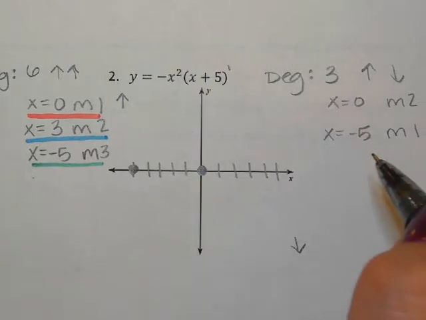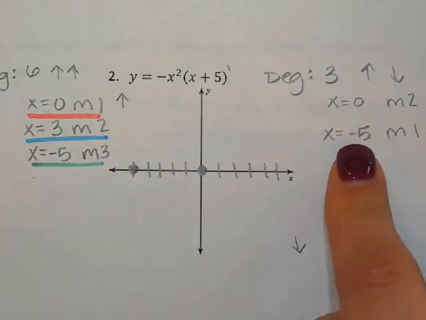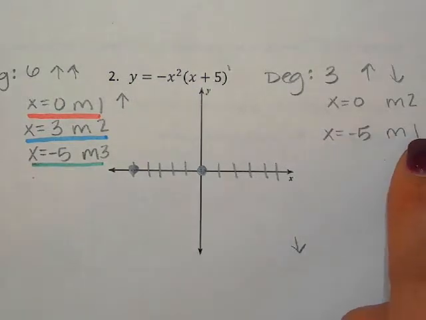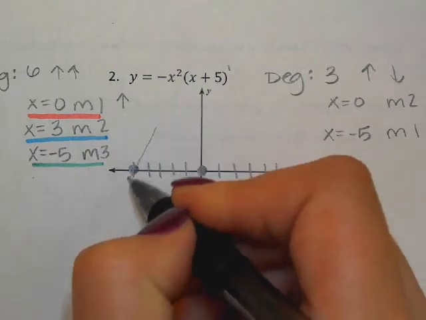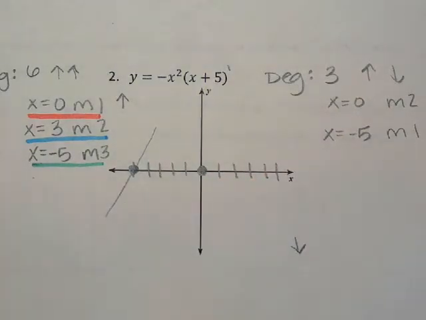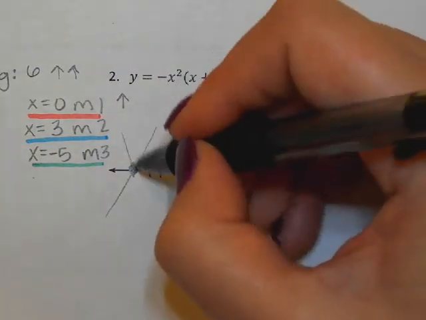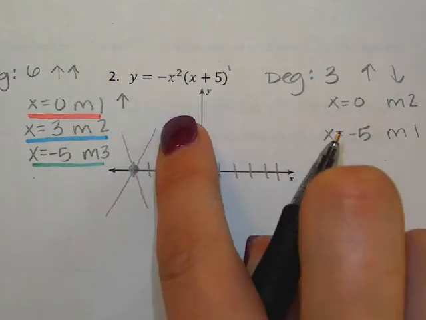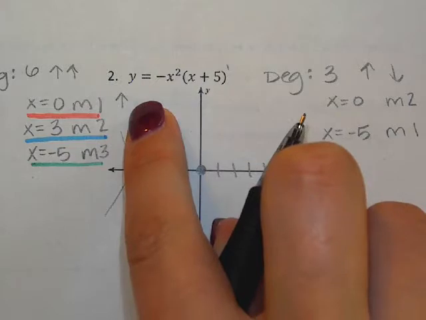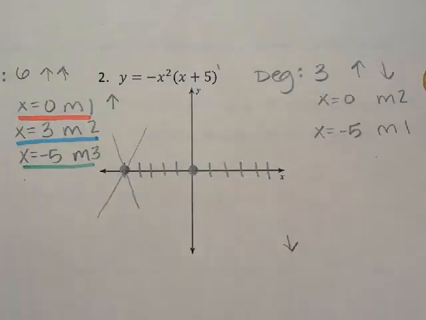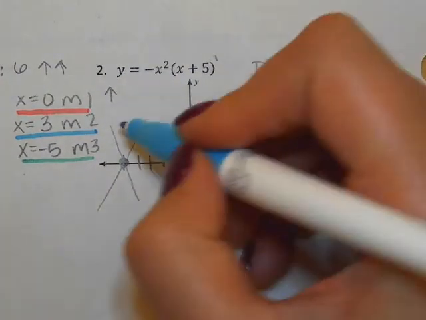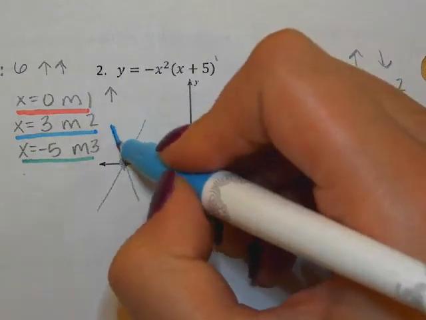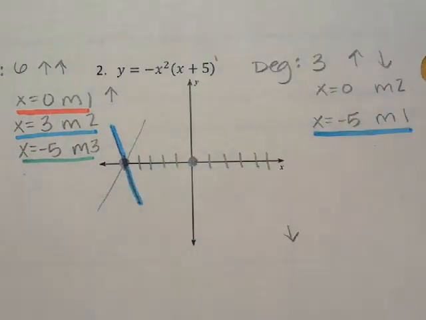Okay. So for the x-intercept of -5, I have a multiplicity of 1. Should I slant through like this? Or should I slant through like this? The second one, right? The first one doesn't make sense because then it would have to backtrack to connect to the arrow. So I'm going to say that my multiplicity of 1 going through -5 for x should look like that.